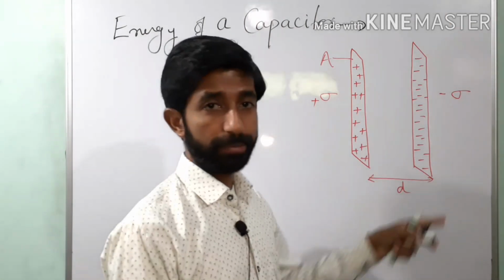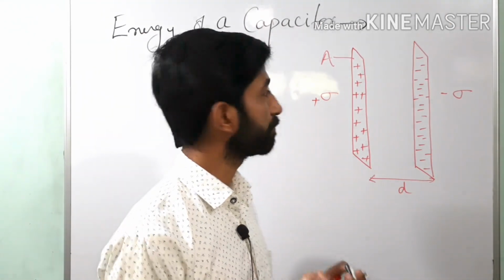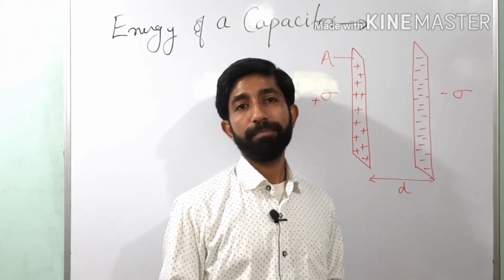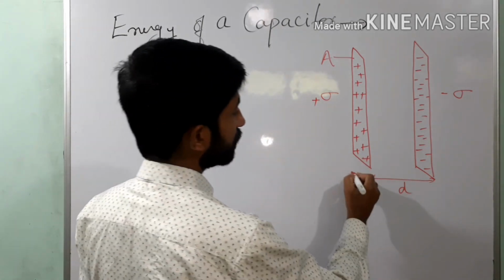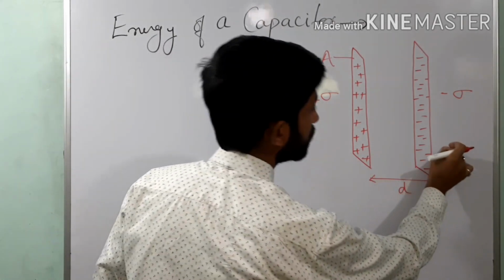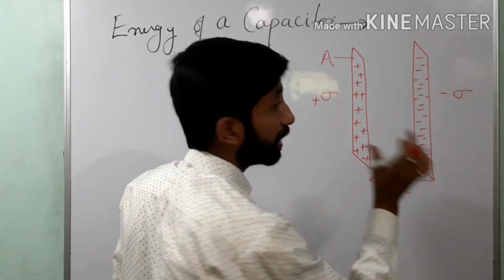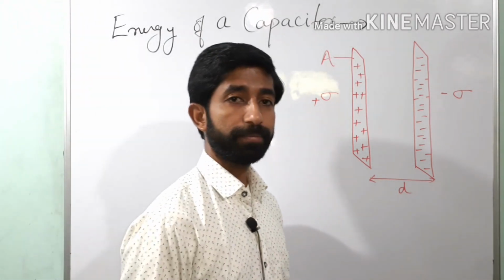No protons can be transferred, because they are bound most strongly, in the nucleus. So protons can never be shifted from one body to another. Okay, so one electron is taken out and shifted to this, and similarly this body acquires a negative charge and this body acquires a positive charge.